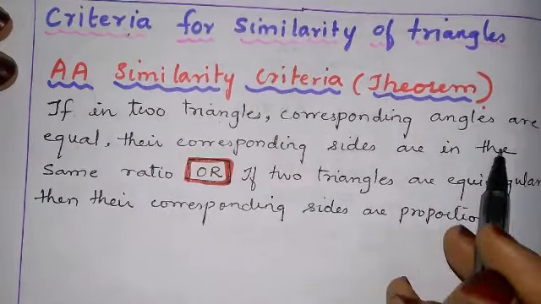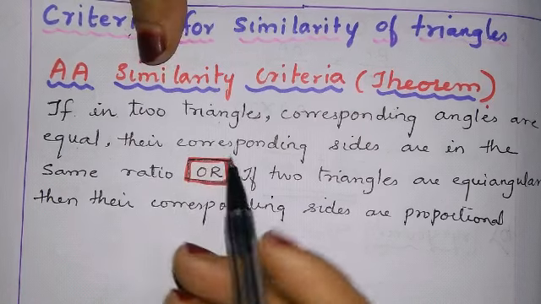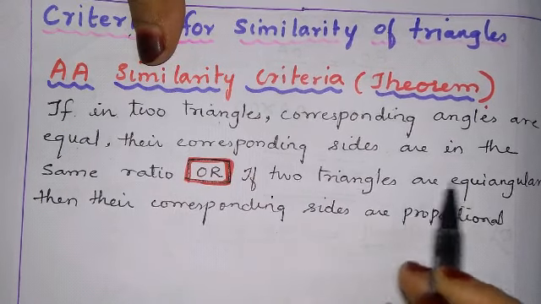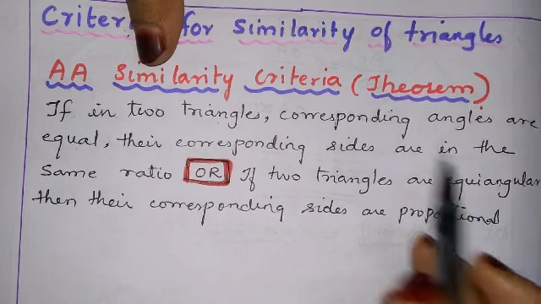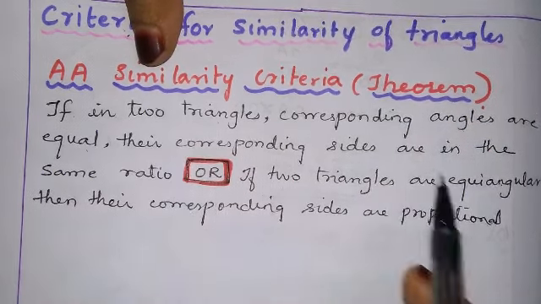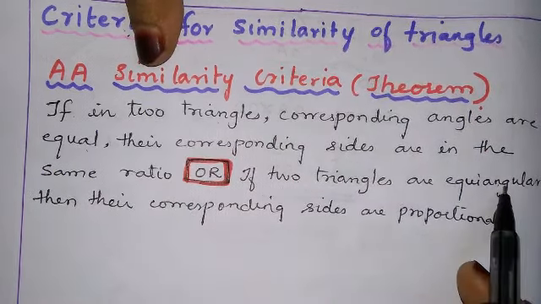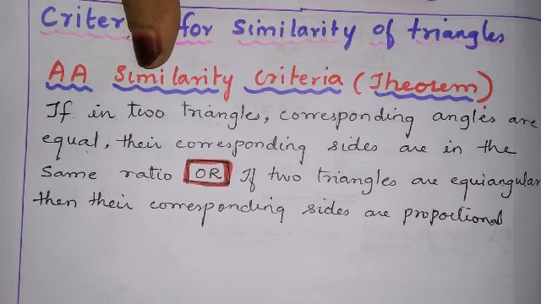In another paper it is given that if two triangles are equiangular, the meaning is exactly the same. Corresponding angles are equal and equiangular mean the same, then their corresponding sides are proportional. Both sentences mean exactly the same, so you should understand the sentence well.